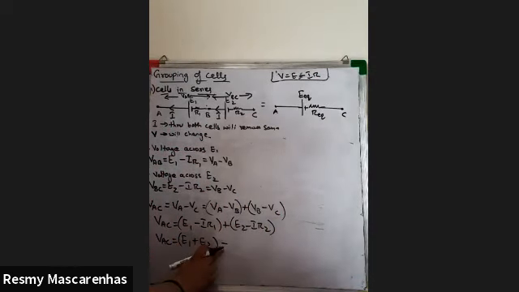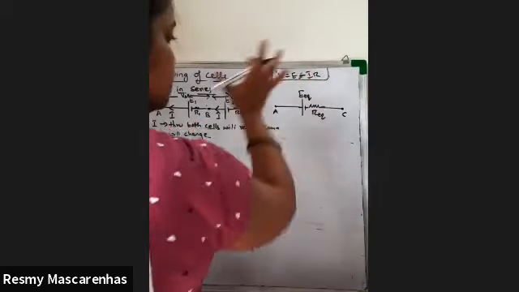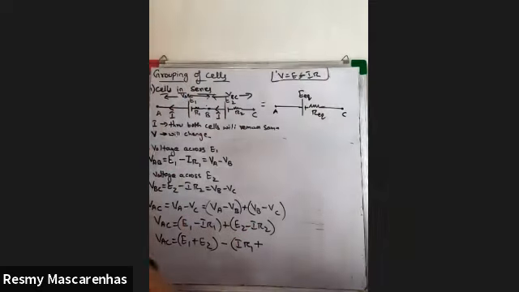See, the minus sign I have taken out. So it will be I times R1, and here there is a minus sign. So what do I have to put here? Plus. Because minus into plus will be minus. See, the same terms I am writing here, but in terms of this equation, because finally I want something in terms of this equation.